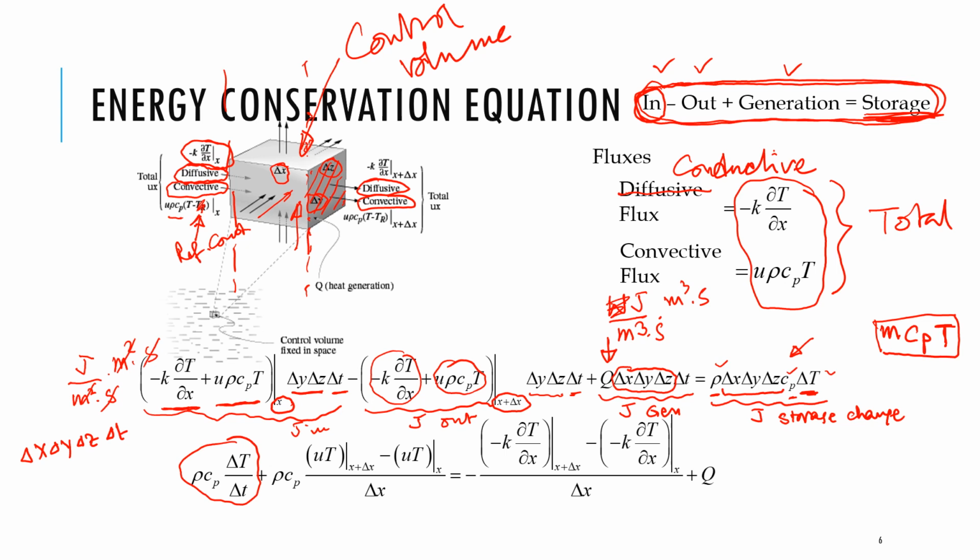Still with me? Then the next term is I collect the terms that have U. So one here and one here. This one gives me ut del x, x plus del x, and this term gives me ut at x.